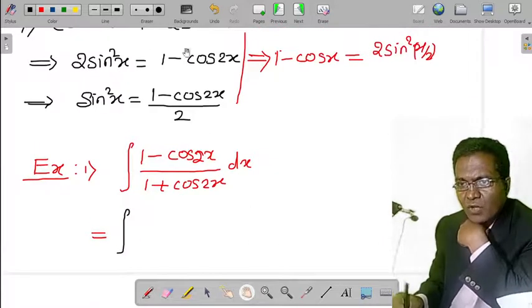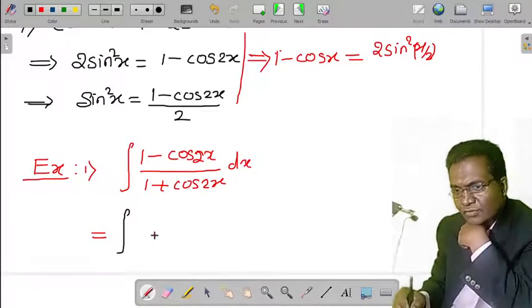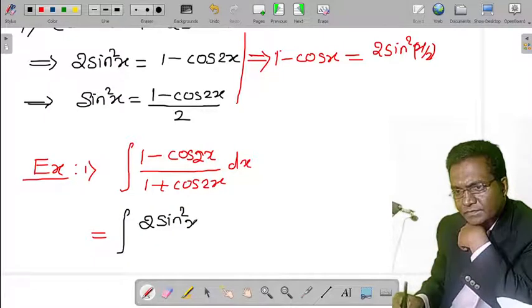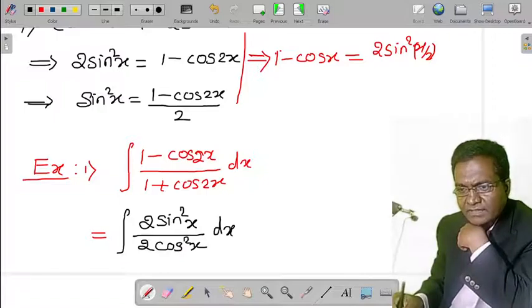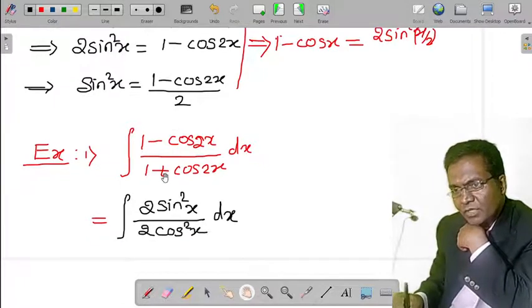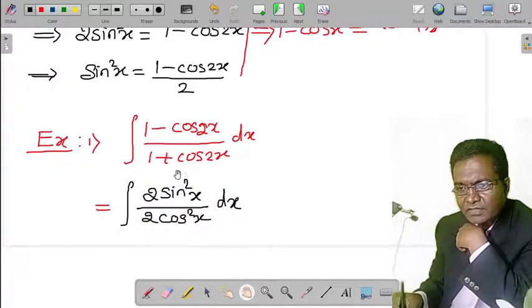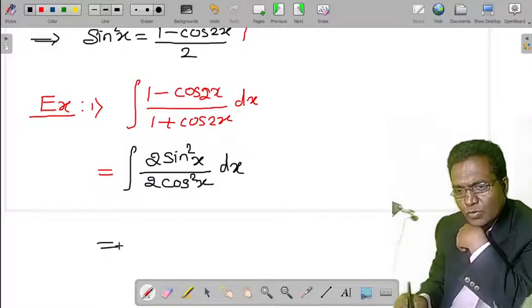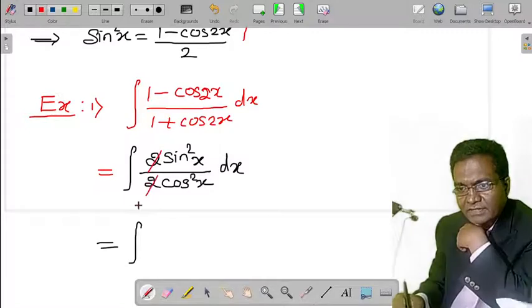Look here, 1 minus cos 2x can be written as 2 sine square x, divided by 2 cos square x. 1 plus cos 2x, in the previous page, is 2 cos square x. So 2 cancels. Sine square by cos square means tan square.